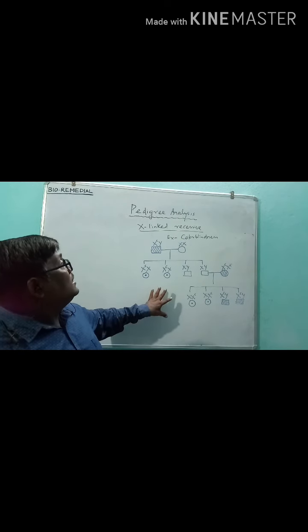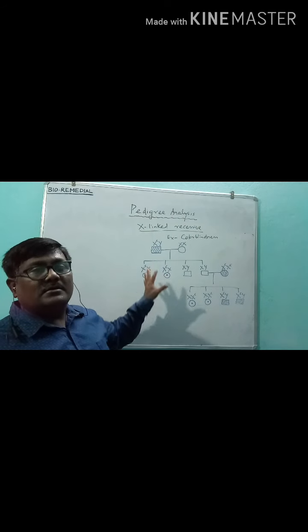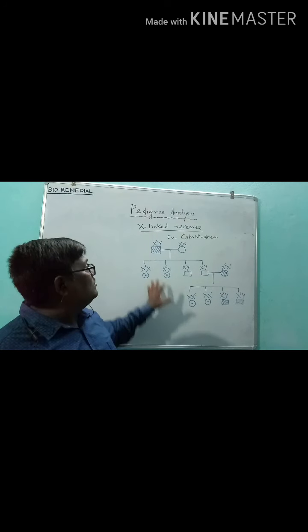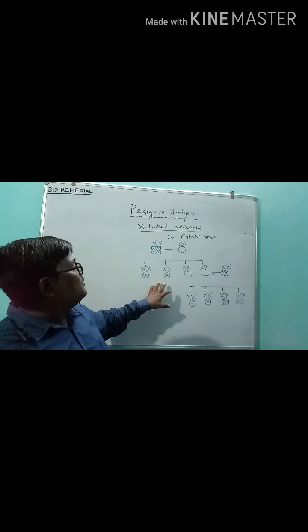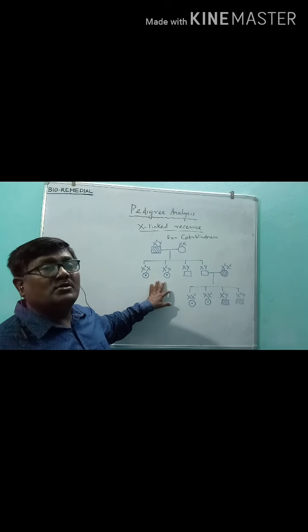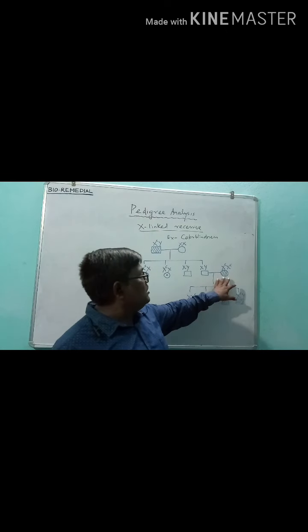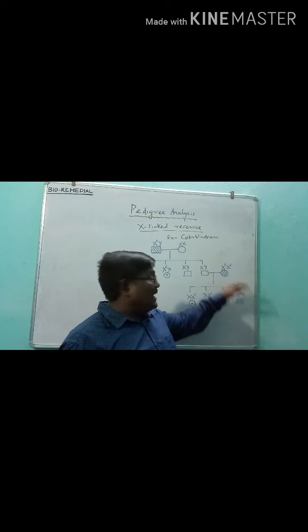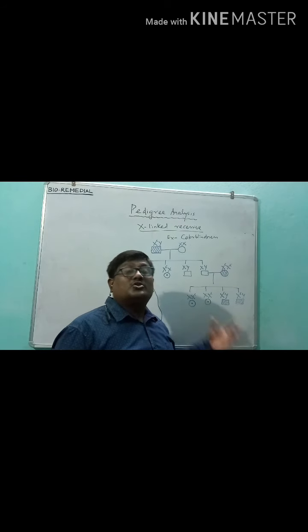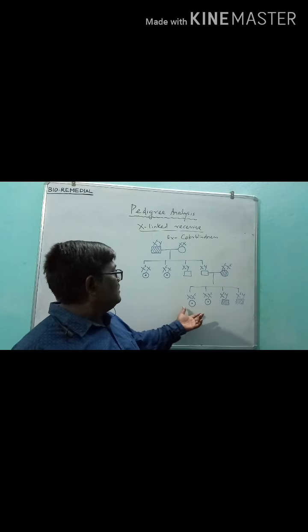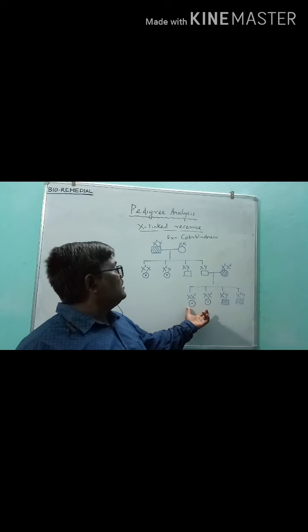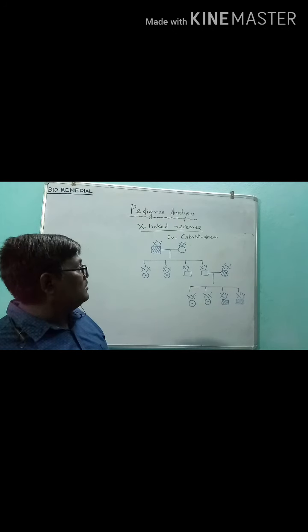So this is the X-linked recessive pattern. We have understood that the father contributes the defect gene to the daughter, but the mother passes the disorder to the son and the defect gene to the daughter as a carrier.